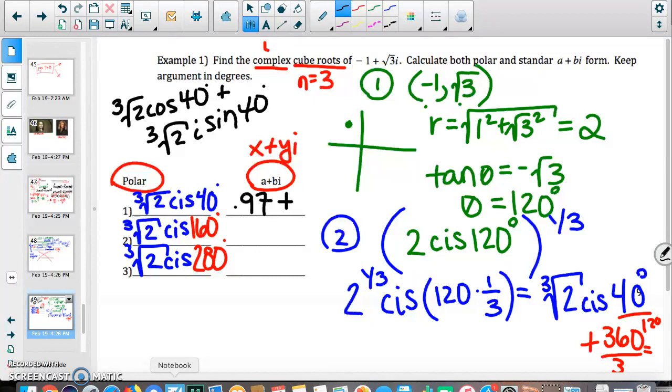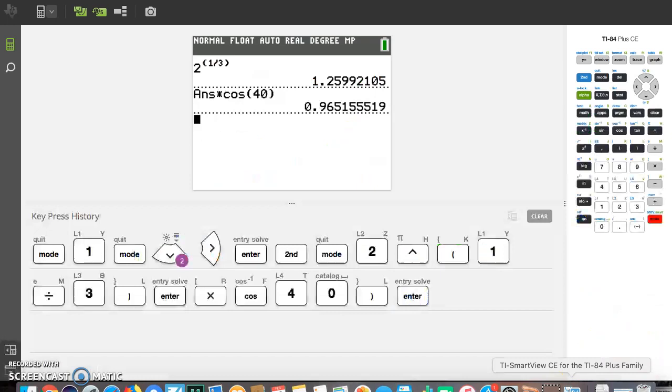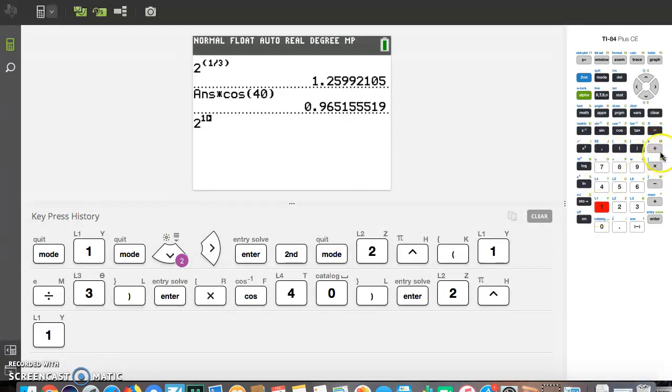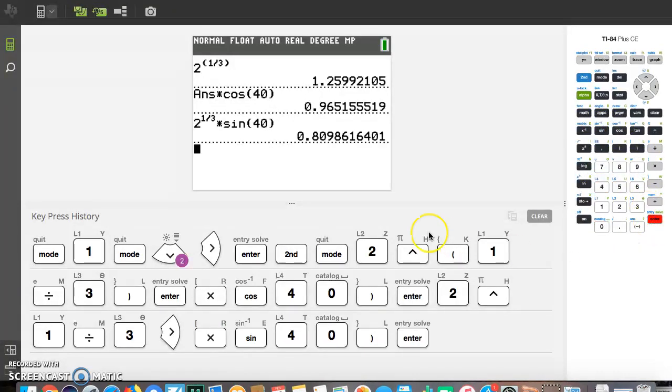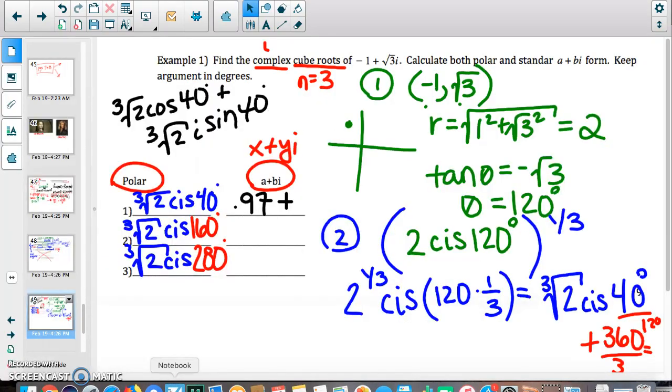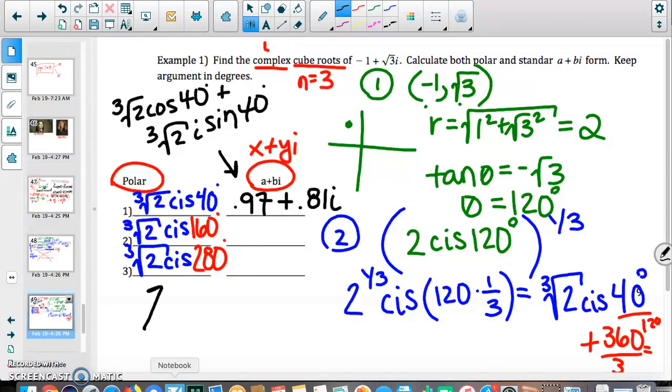So 2 to the 1/3 power, and then multiplying it by the sine of 40 degrees. This is very tedious, I agree, and it's 0.81i. So this is it in rectangular, and this is it in polar.